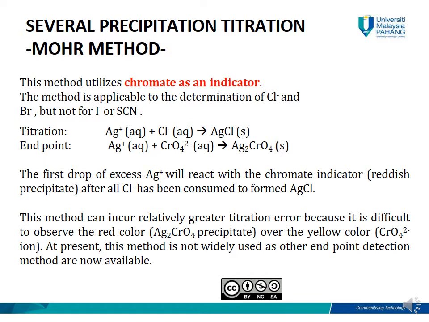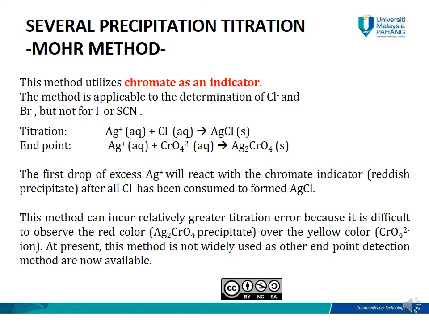However, at the endpoint, you will have another compound as your precipitate, where the silver from the titrant mixes with the chromate, which you use as an indicator, and then it forms silver chromate.